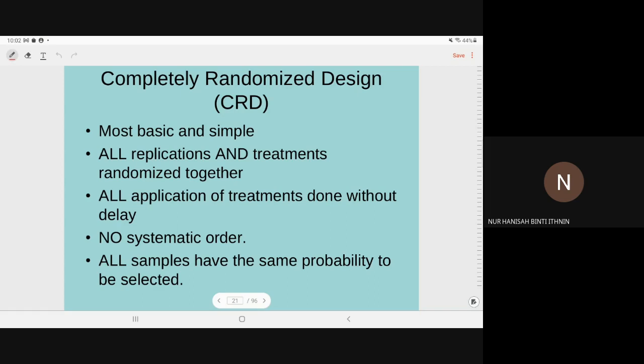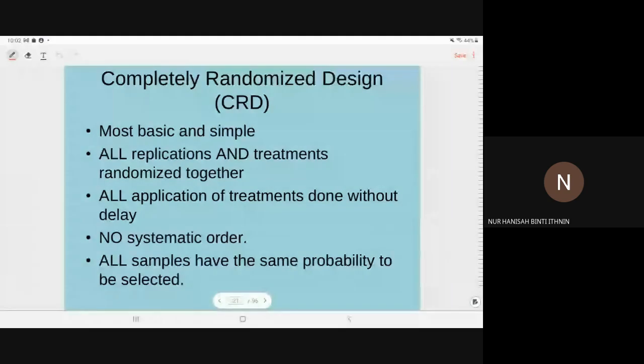When it says completely randomized, that shows that the randomization is complete, meaning that randomization will happen between all replications and all treatments. All application of treatments is done without delay, and there will be no systematic order. All samples have the same probability to be selected.